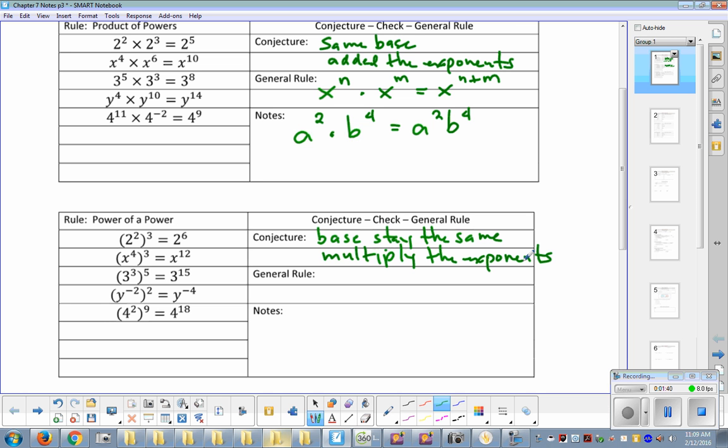In general, if I have, let's say, a raised to n, and then the entire thing is raised to m, we just have to copy the base and then multiply the two exponents, n times m. So that will be our general rule here. It's power of a power. I have an exponent raised to another exponent, so we just have to multiply those two exponents.